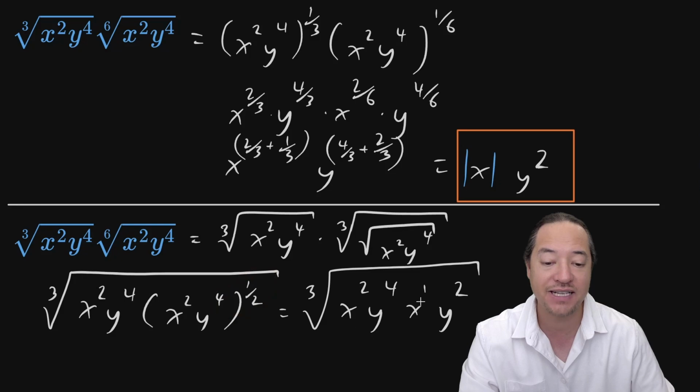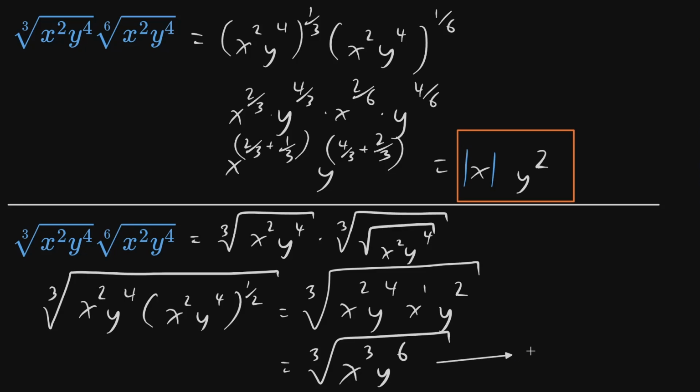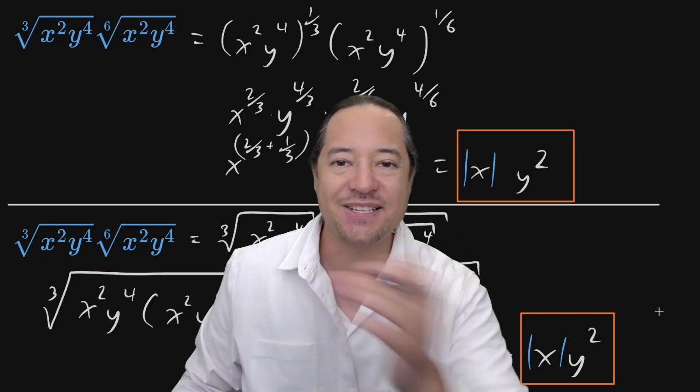And so now I can finally combine all of this together. I'm going to get the cubed root of x cubed y to the 6th power, and these are all perfect cubes. I can take them out, and I'm just going to get xy squared, the same exact number as we got before, and of course we can always add the same restriction that this must be an absolute value there. Okay, so there we go.